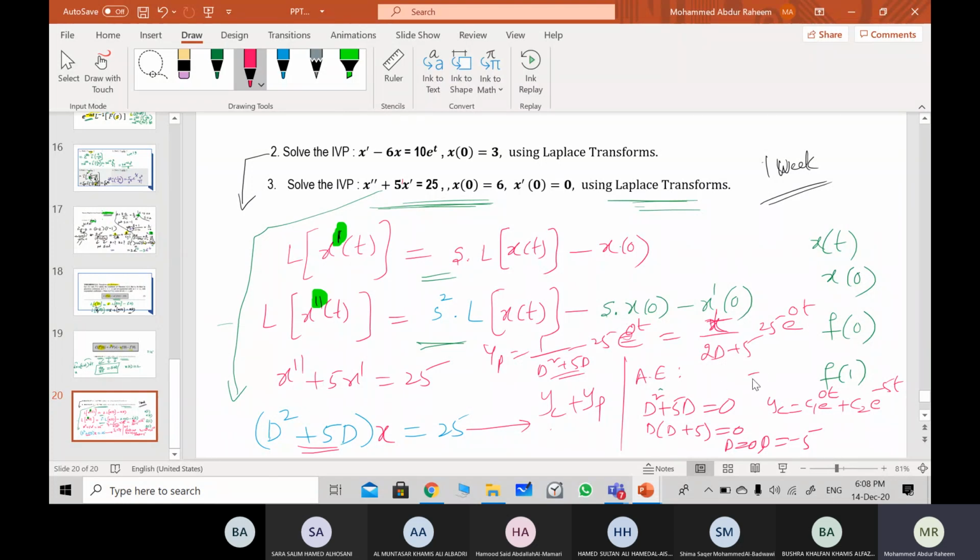Again if we write 0, because this is 0 but this is there, 25, so 5t, like this, that will be added here. That is the old way, the direct method from chapter 4, of finding yc and yp.